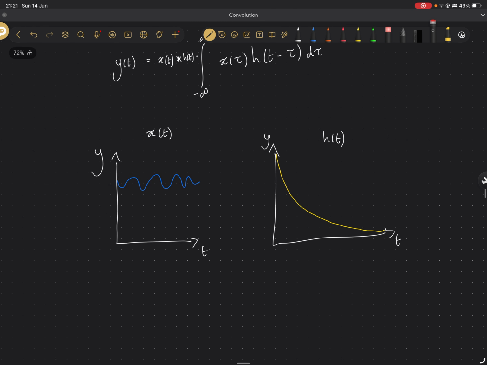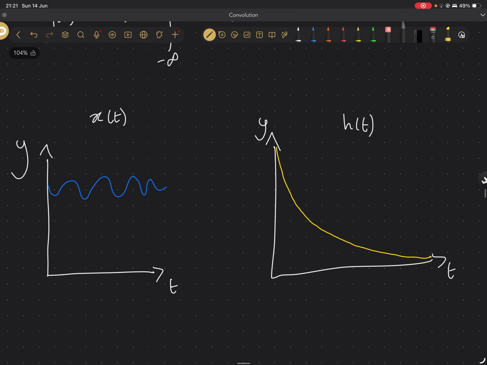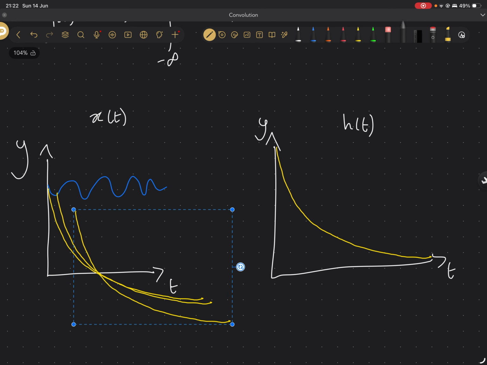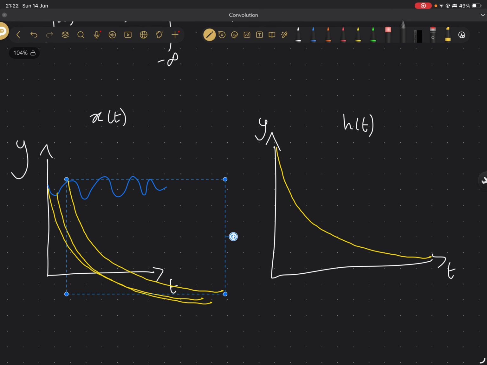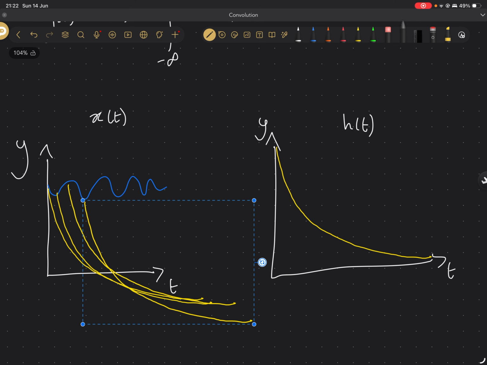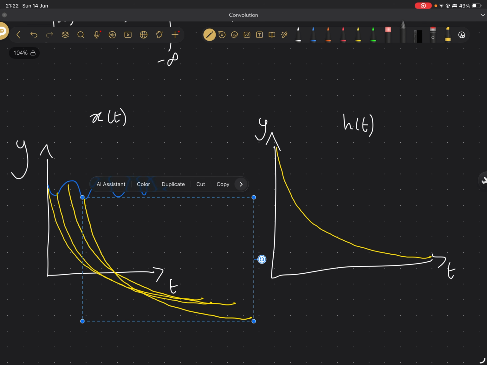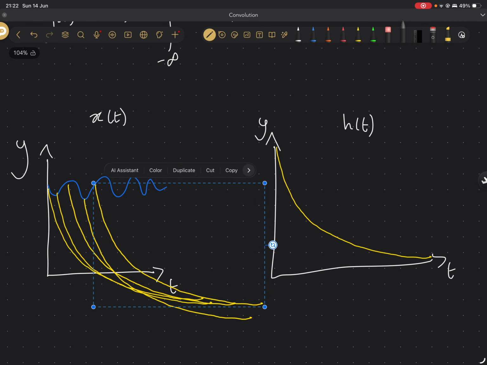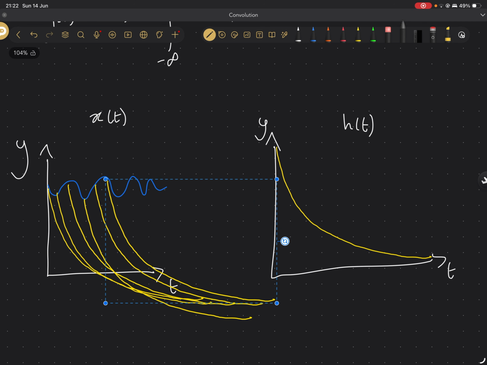That's literally it. So as a visual example, what we have is its impulse at time t equals 0, and again at some arbitrary point, let's say t equals 1, and another arbitrary point again, but this time scaled, because here it's greater in y, and again at this point scaled again, at this point, and at this.